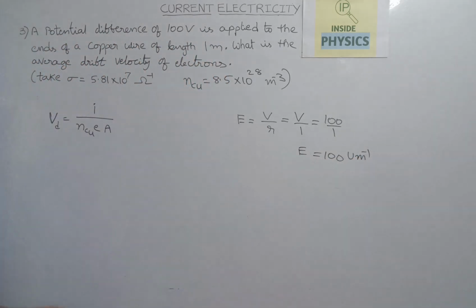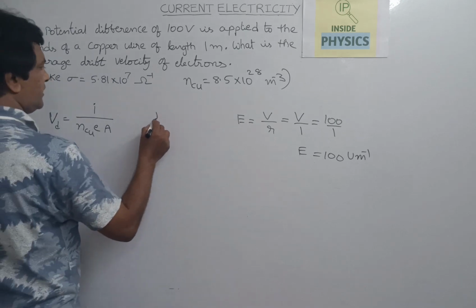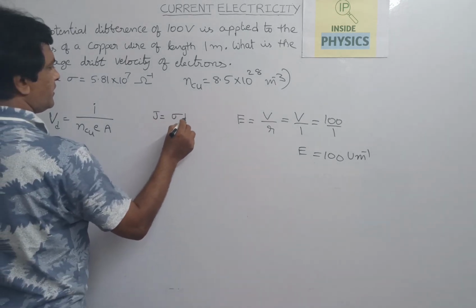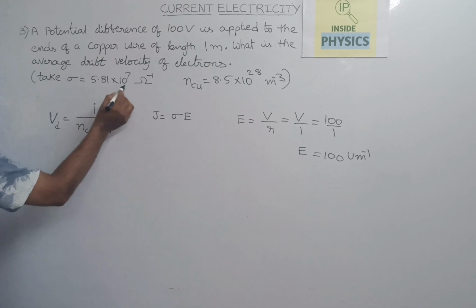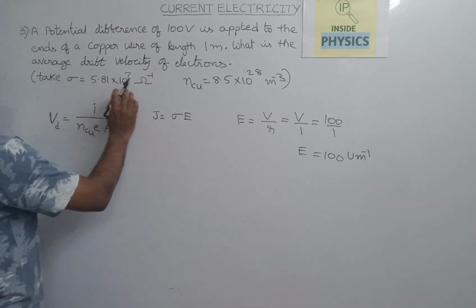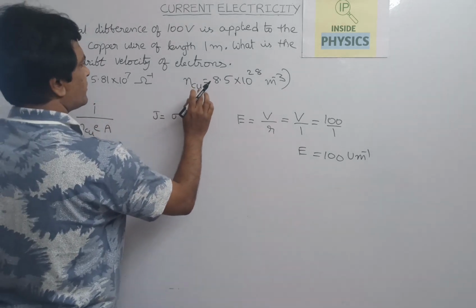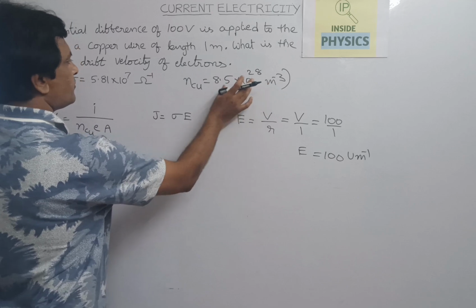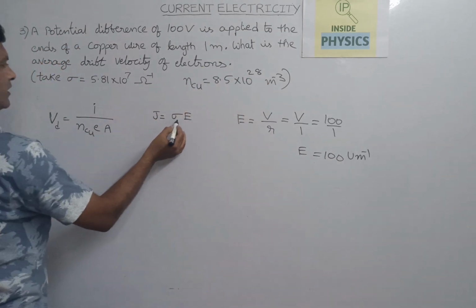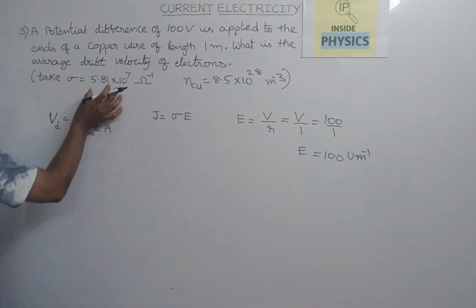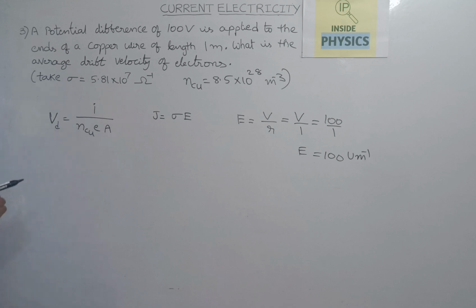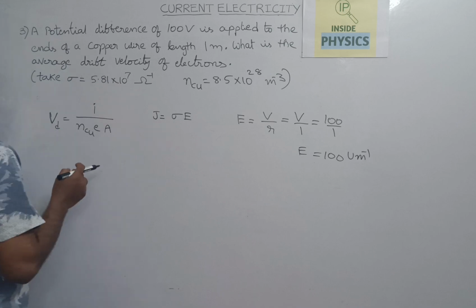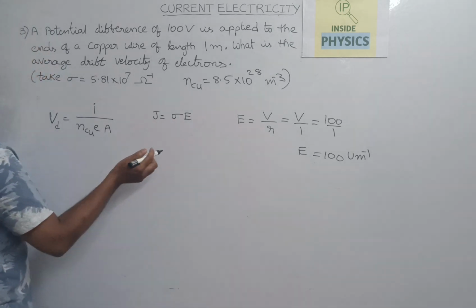Okay, so here we know that current density J is given by sigma E, where sigma is given here. Take sigma as this value and the number of free electrons of copper per unit volume is this. Sigma is conductivity. The reciprocal of resistivity of a wire is called conductivity.